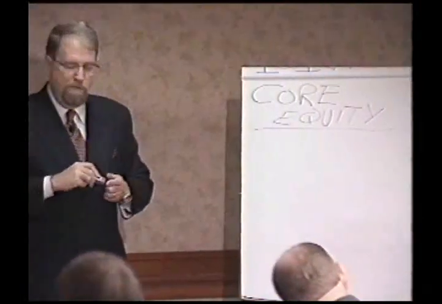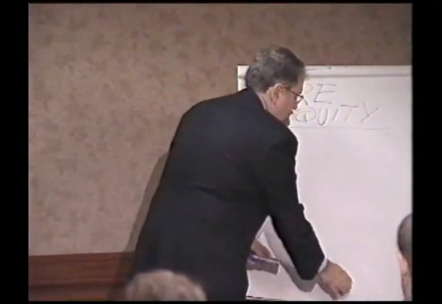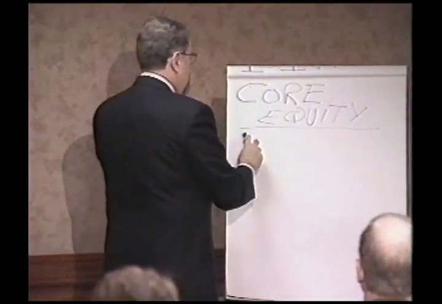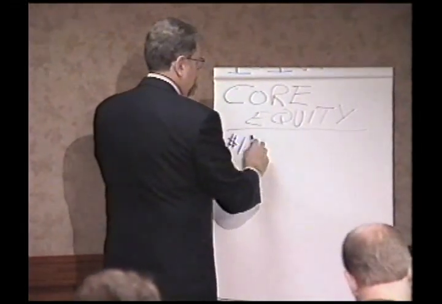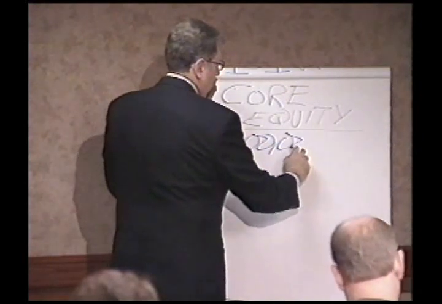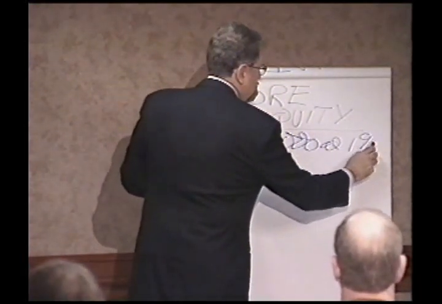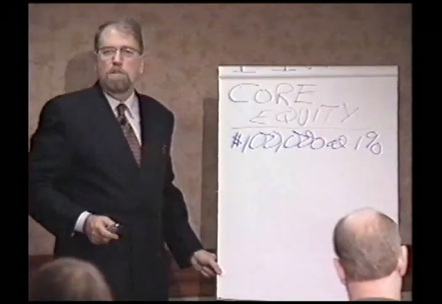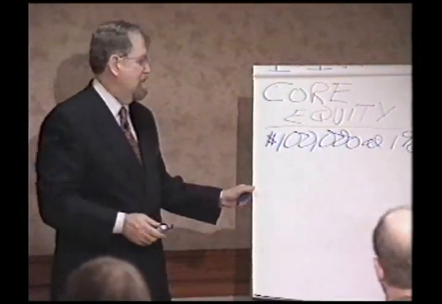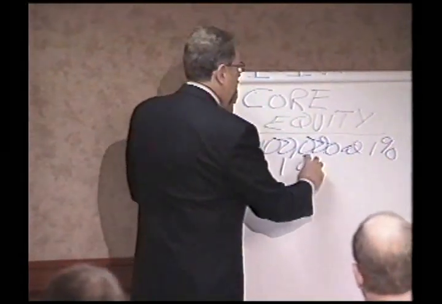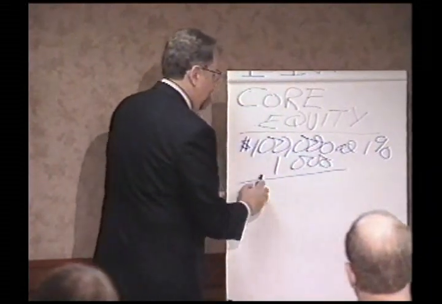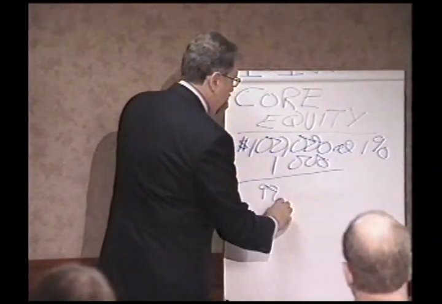What happens with this, we have our same $100,000. So you take a 1% position, which is $1,000, you now subtract that, and you have $99,000.